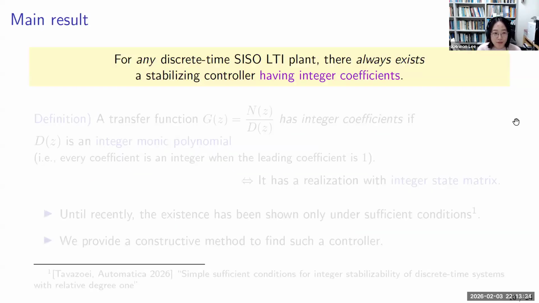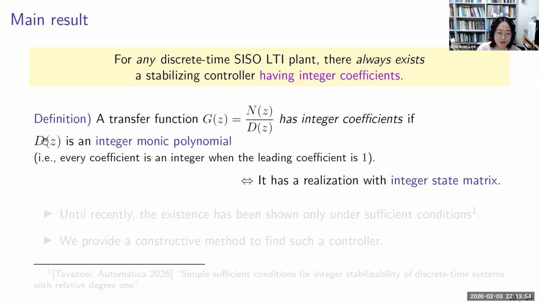And here comes our main result. We have shown that for any discrete time single input, single output LTI plant, there always exists a stabilizing controller having integer coefficients. Here I use the term having integer coefficients, and it is defined like this.